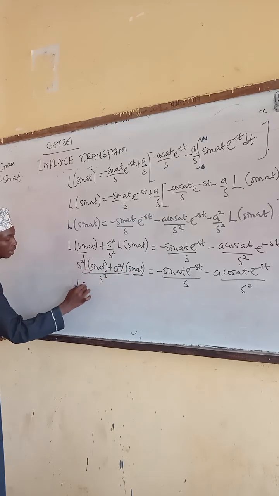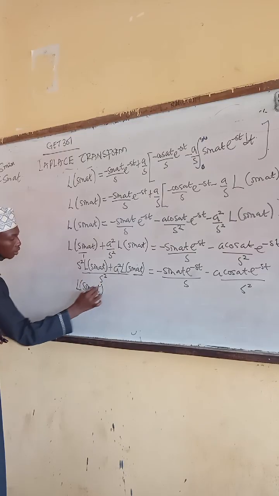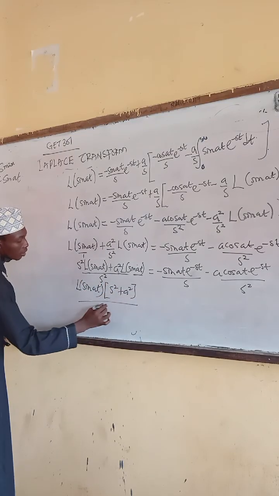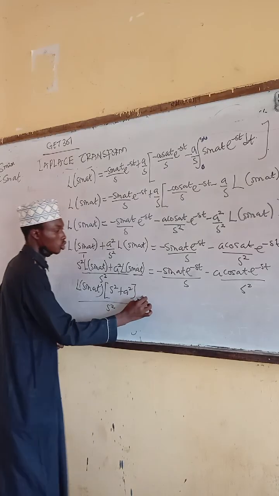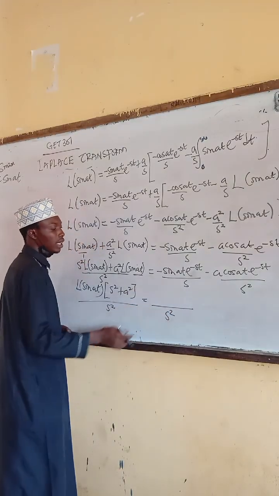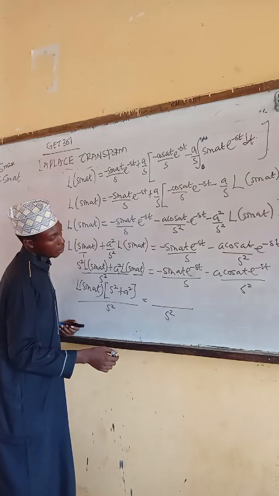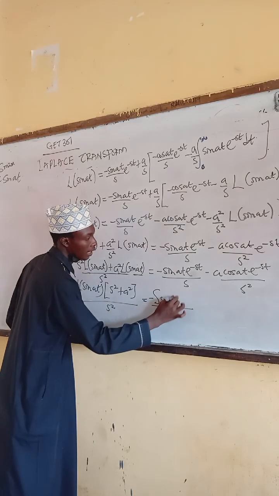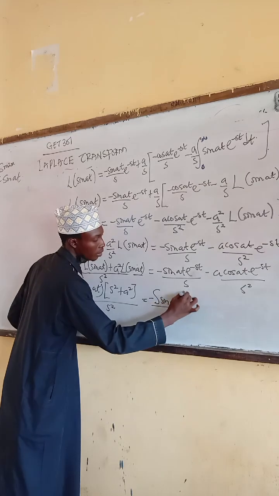I'm going to have Laplace of sin(at) into s square plus a square over s square equals, so what's the LCM here? s square. So how many s will you see in s? That's 1 over. So you're going to have minus s sin(at) exponential minus st.